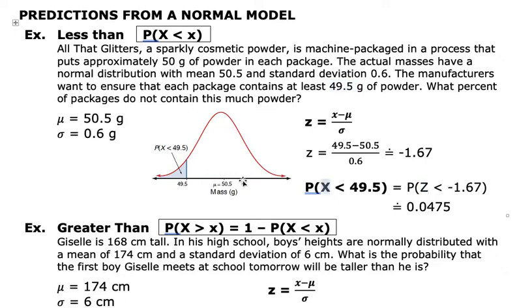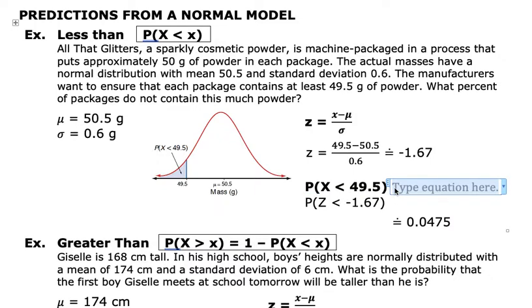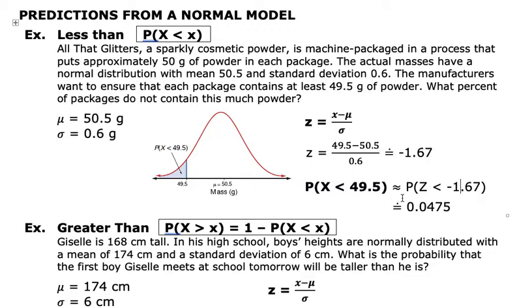Notice that this is the distribution with the variable being x, but we can approximate this, and I'm going to say the following. We're approximating this value using the z-score.